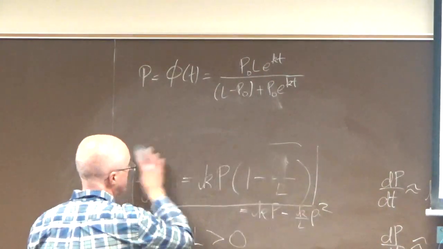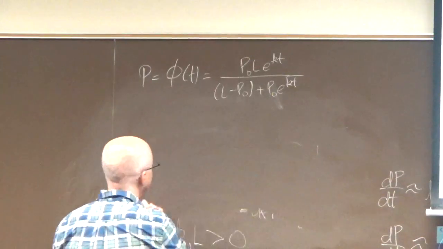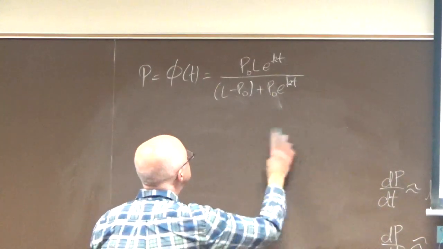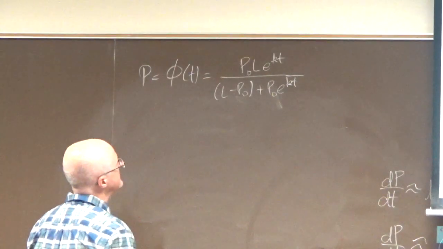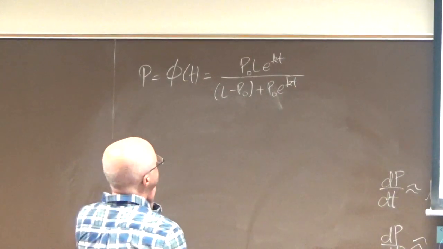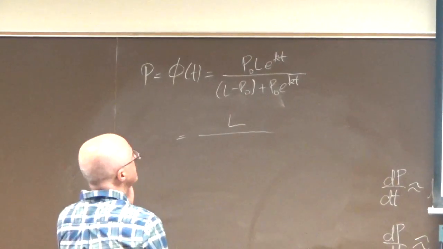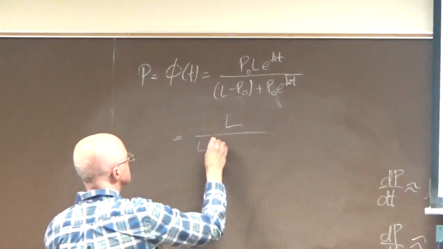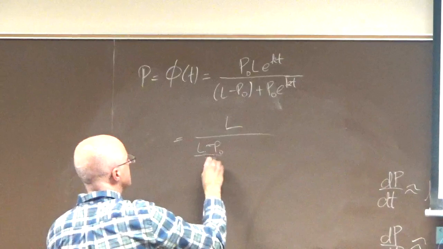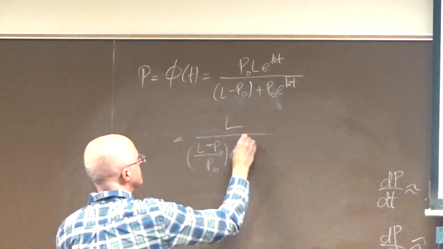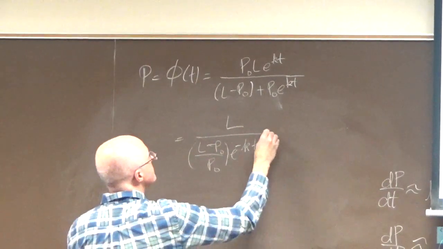It's more typical to rearrange this a little bit and maybe divide the top and the bottom by P0 and also divide the top and the bottom by e to the kt. So leave just an L on the top. This is actually a little bit more typical way to write it.